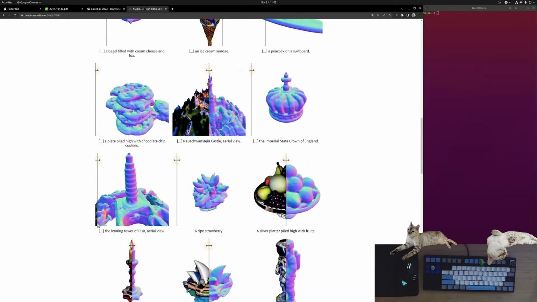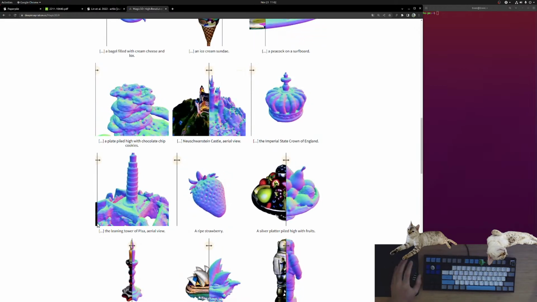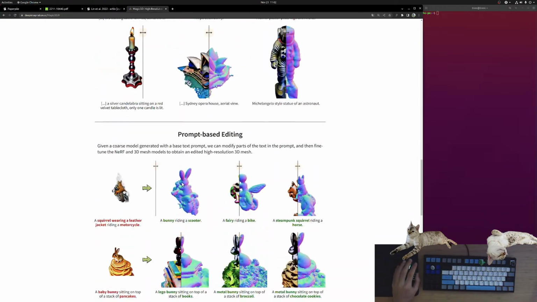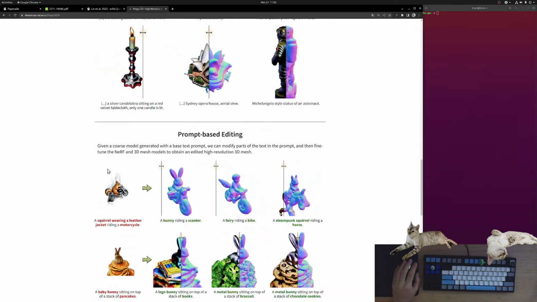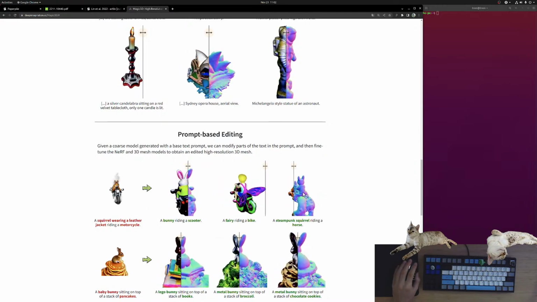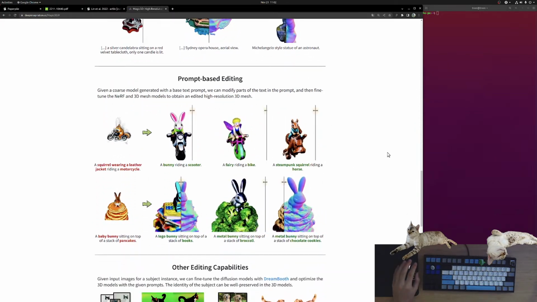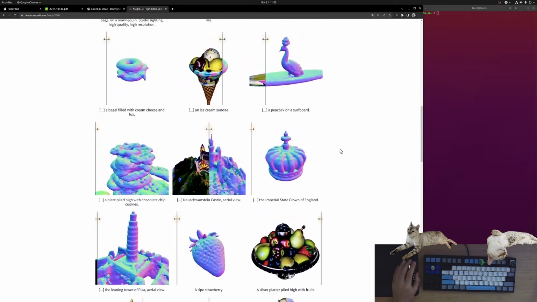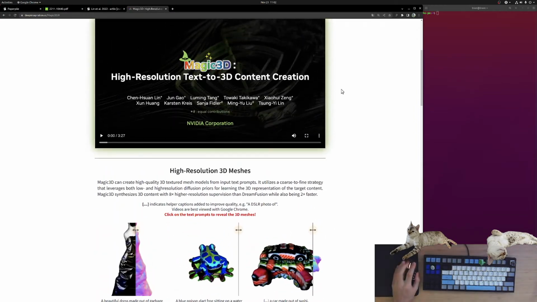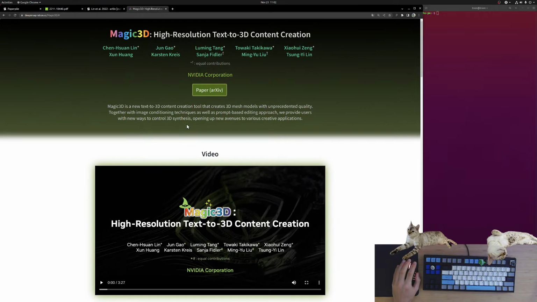Which has all the animation bones in there, maybe even comes with pre-made animation. So the tools for this are going to get crazy, and I think that we're going to benefit as humans because games and movies are going to get a lot better because of this type of research.